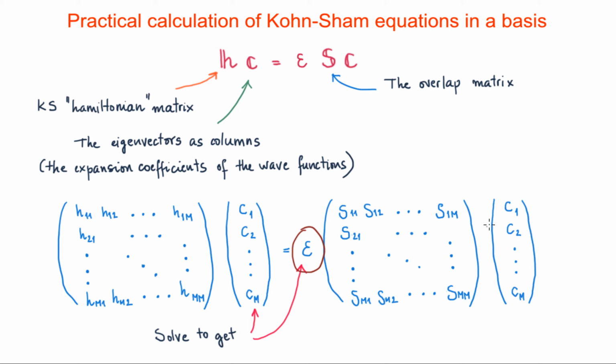This is the usual procedure considered in practical calculations of the Kohn-Sham equations in order to get the Kohn-Sham orbitals and the Kohn-Sham energies. Of course, in order to make it practical, you have to choose the basis that you are going to use for the expansion, in order to write these Hamiltonian and overlap matrices.